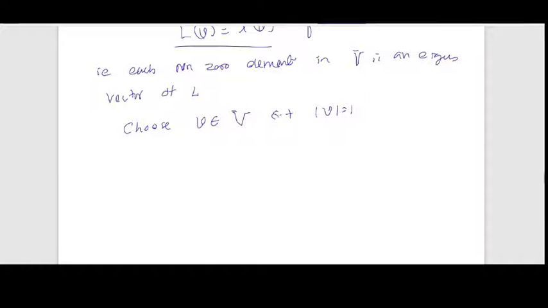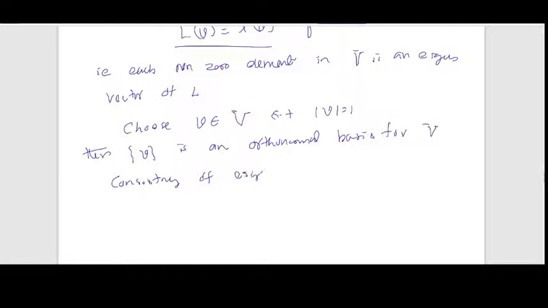Then this singleton set {v} is an orthonormal basis for V consisting of eigenvectors of L. Here small v is an eigenvector of L. So this set is an orthonormal basis for V consisting of eigenvectors of L. So this shows that our result is true for n equal to 1.